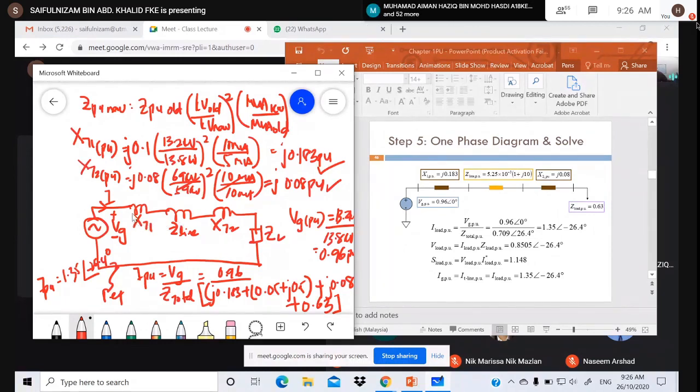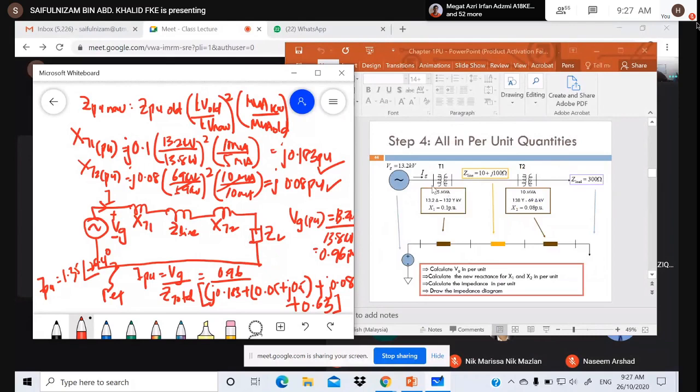So the current flow in the primary and the secondary of the transformer, is it similar? The per unit value is similar. However, the actual current, is it the same? The current flow at the primary and the secondary of T1, for example, and at the primary and the secondary of T2.